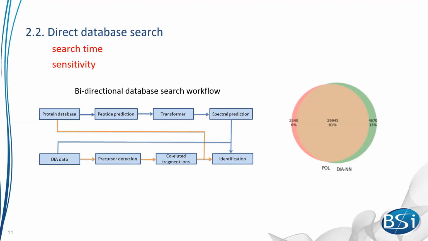And if you use deep learning technology to predict, you will have a huge pseudo spectral library, and there we are bringing two issues. One is longer search time. Another one is higher noise and a higher false positive rate.